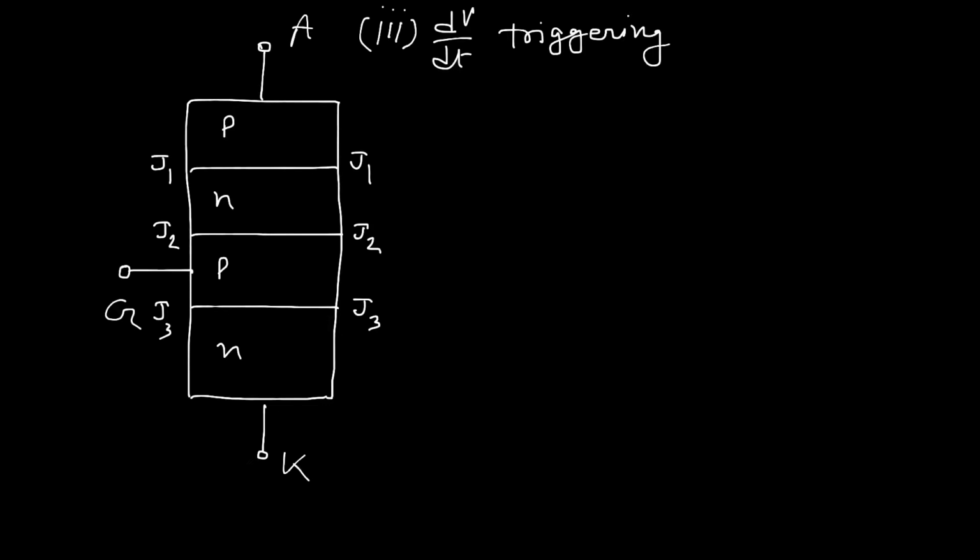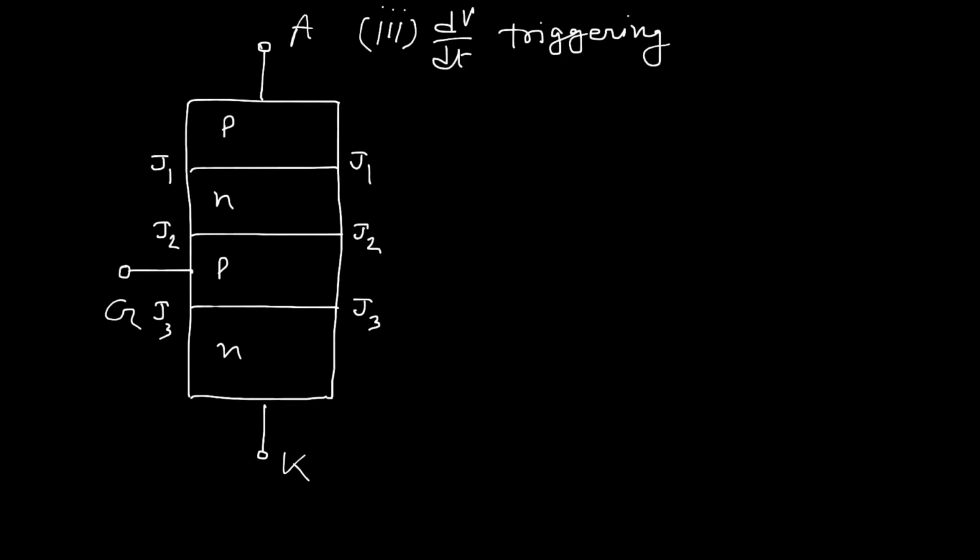That means if we increase the anode voltage gradually, it will give a huge breakover voltage. If we change the anode voltage very fast or suddenly, then it will give a very small magnitude of breakover voltage. So how is this possible?